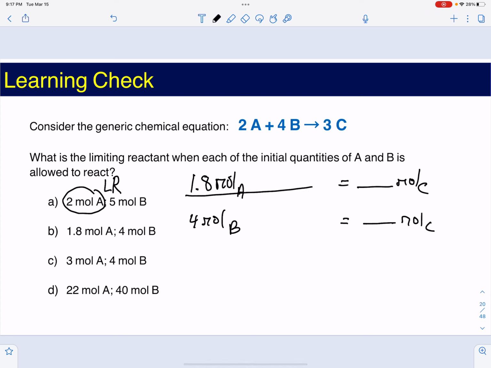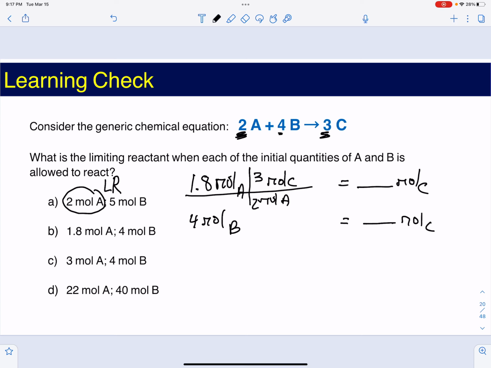So let's see this. We do not want the moles of A because we want the moles of C. And there's 3C for every 2A, sorry, for every 2As.